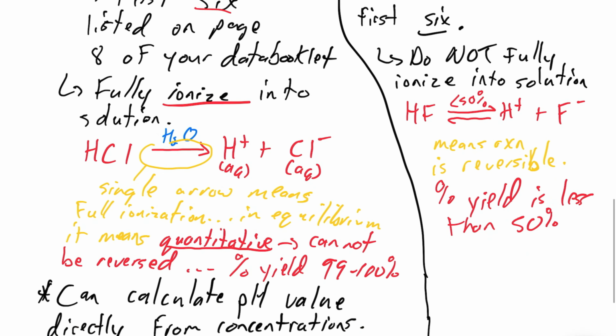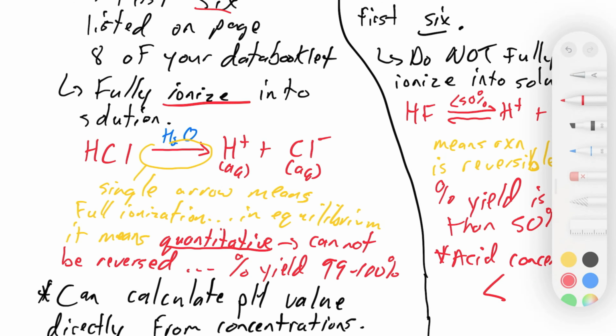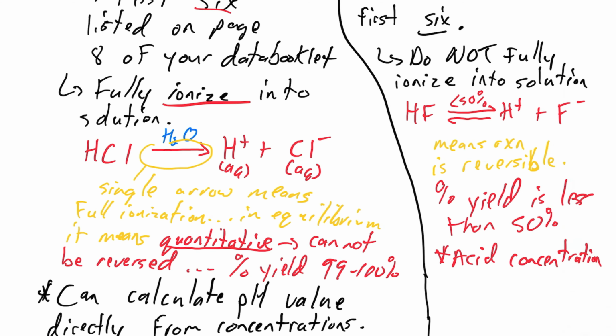And what that basically means is that the acid concentration is actually going to be more than your H plus concentration. That's because it doesn't fully ionize.